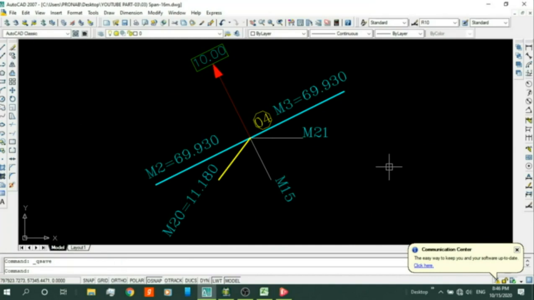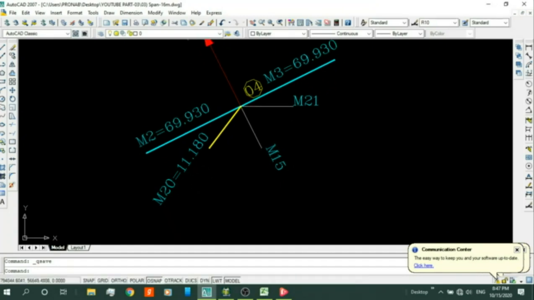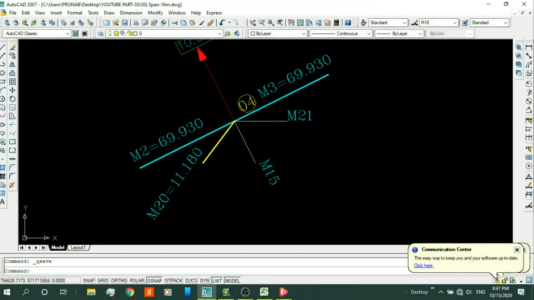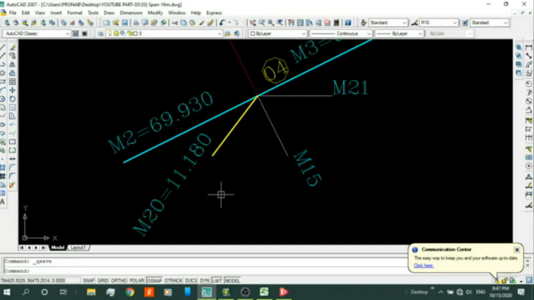Now we are going to analyze joint number 4. Once again, we copied the members associated with this joint. Here M1, M2, M3 are equal and the value is 69.930 kilonewton. M20 we know is 11.180.